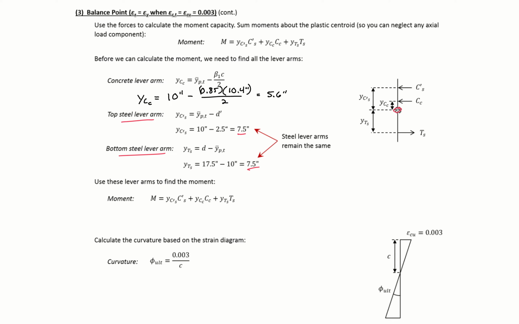We can then plug all these lever arms with our forces into our moment expression to get a moment equal to 7.5 times 180 plus 5.6 times 360.7 plus 7.5 times 180 will give us a moment of 4,720 kip inches.